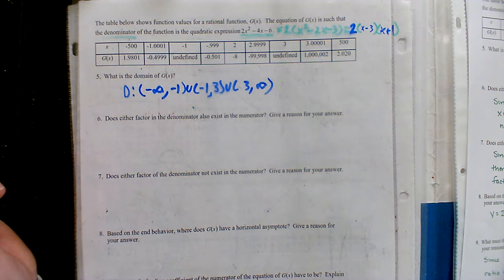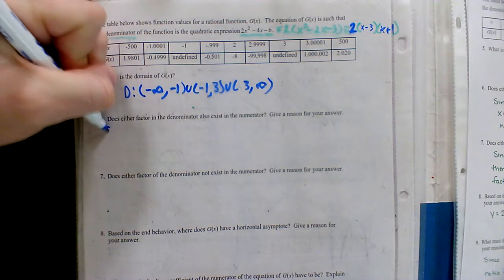Okay, how did you notice or come to the conclusion that it was a point of discontinuity or a hole? Well, on either side of the point of discontinuity, the values are very close together. Exactly, they're both approaching the same value.